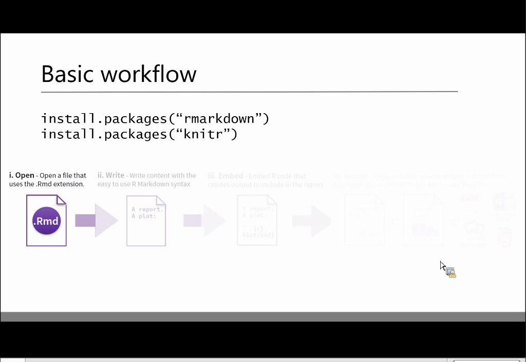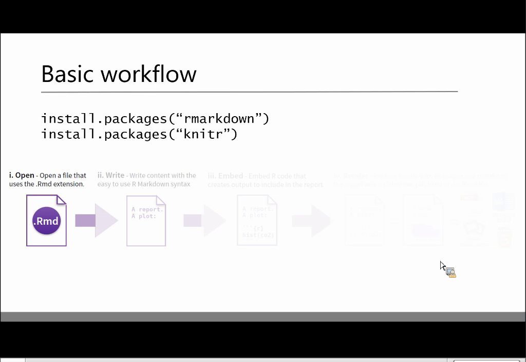So just the basic workflow. The first two packages you'll need to install are the rmarkdown package and knitr. I'm pretty sure as a dependency it will install the knitr package, but I put it there anyway. Those are the two primary ones to get started. Once you've installed those in RStudio, everything will be there and available.